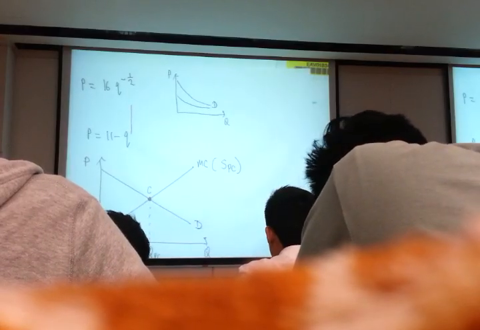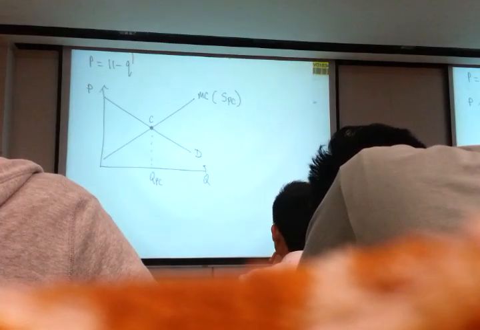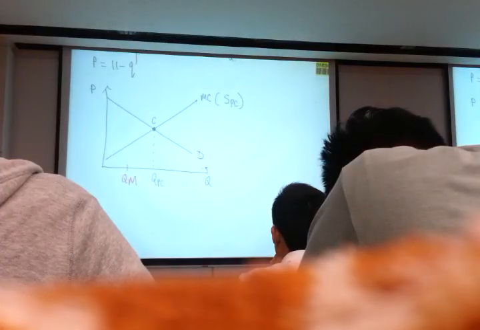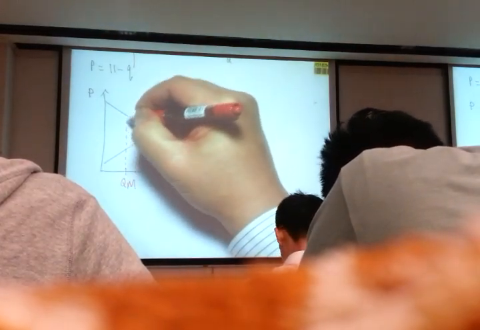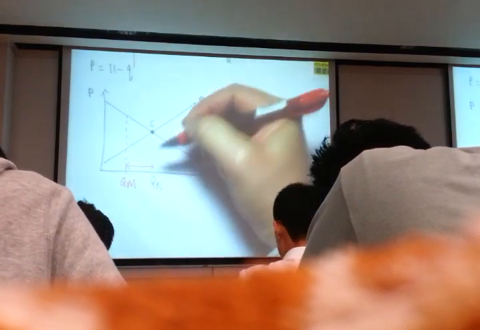Now, this one I just showed you. The monopolist won't produce here. The monopolist will purposely produce at that point. Which also means that from here to here was not produced.